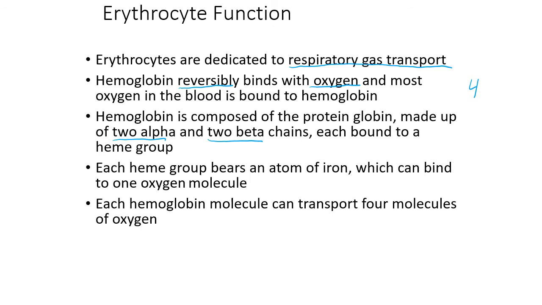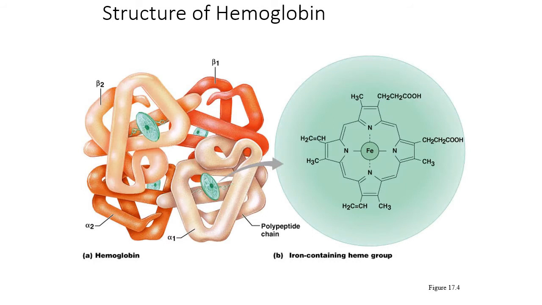At the very center of the hemoglobin itself, on the heme portion, we have an iron, and the iron is actually what's going to bind the oxygen. So that's what's going to bring that into the hemoglobin and bind it. Once we have that, we have what we call oxyhemoglobin, and that's what's going to allow us to transport all of that oxygen along the way.